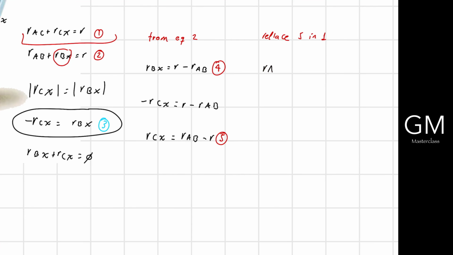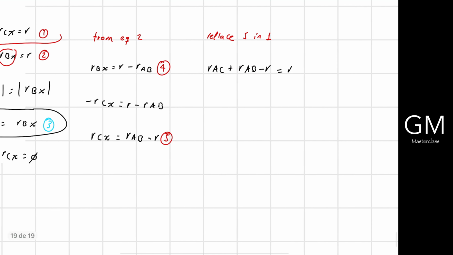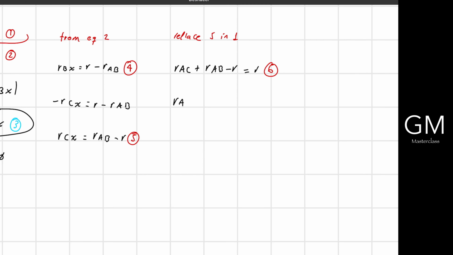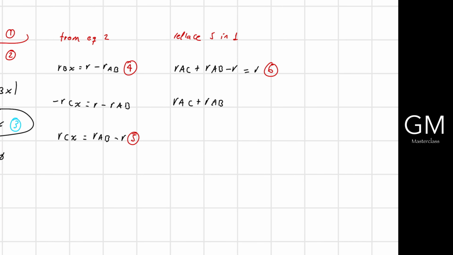So that means that r_AC plus r_AB minus r is equal to r, right? All I have to do is to replace this part within this unknown, r_CX in terms of r_AB and r. So all I have to do is to play with this equation that I'm going to call, for example, equation number 6, and that would be all. r_AC plus r_AB is equal to r plus r, right?